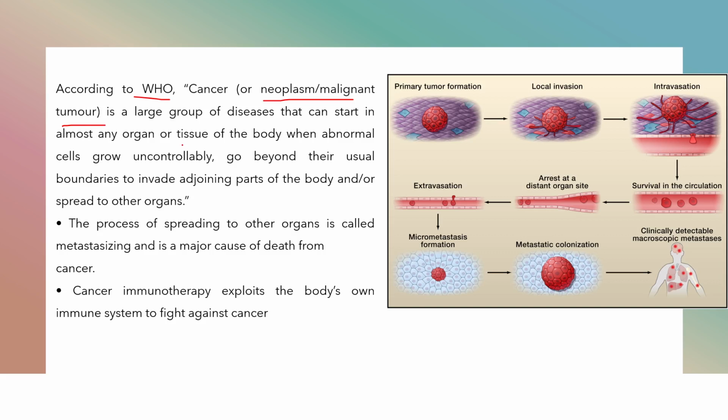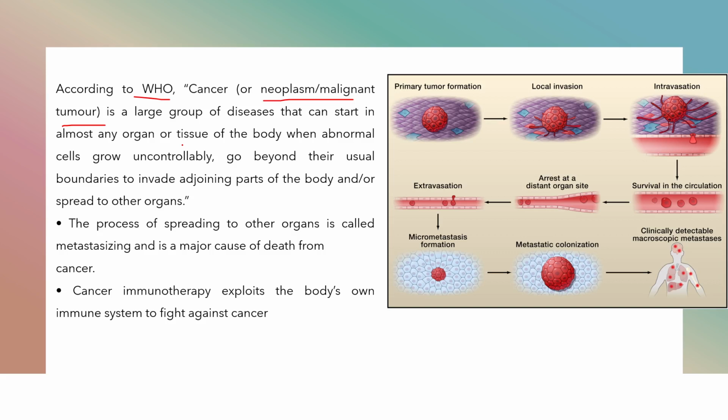Same thing, tumors are of two types. Okay, benign tumor and malignant tumor. I guess everyone understood the meaning of tumor. Tumor means uncontrolled cell growth. Okay, formation of a tissue-like substance, and it generates in an uncontrollable manner. Fine.